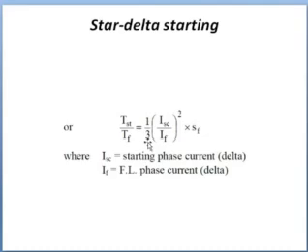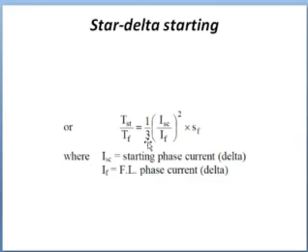So for star delta starting and auto transformer starting, we have seen that the starting torque is reduced; for auto transformer starting, the starting torque is reduced by 1 by k square times.